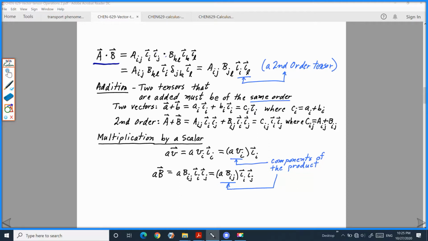Here I just obtain, let's say, a_ij, b_kl, then I get the dot product between e_i, e_j and e_k, e_l in here.